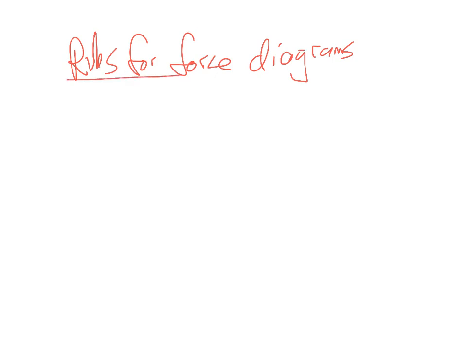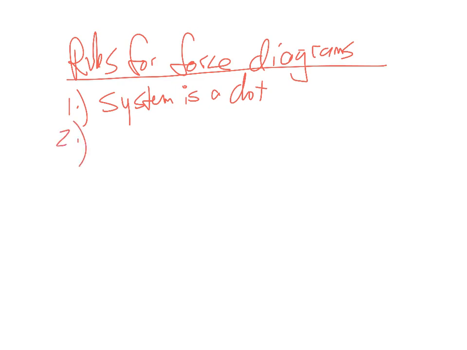All right, rules for force diagrams. Number 1. System is a dot. Make your system a dot. All right. 2. Use arrows for forces. 3.